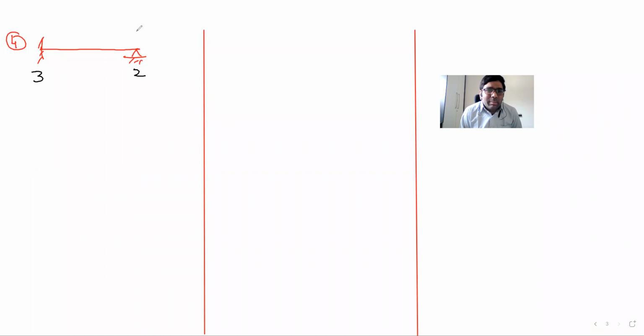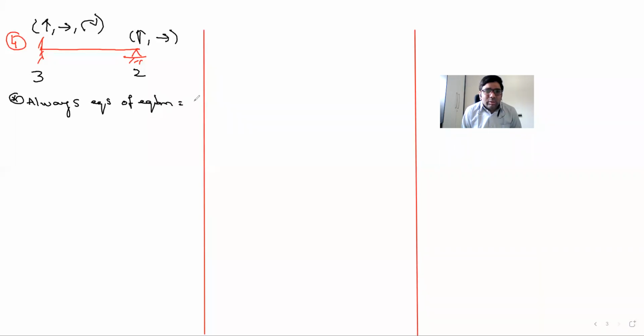What are those? In my mind, it should be there like this is one vertical and this is horizontal. And here what I will have? Vertical, horizontal and a moment. And always, I am putting a star mark, always, equations of equilibrium is equal to 3.